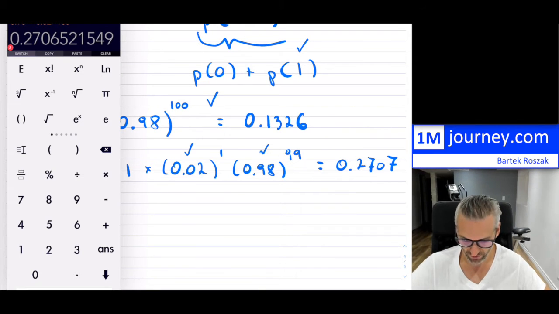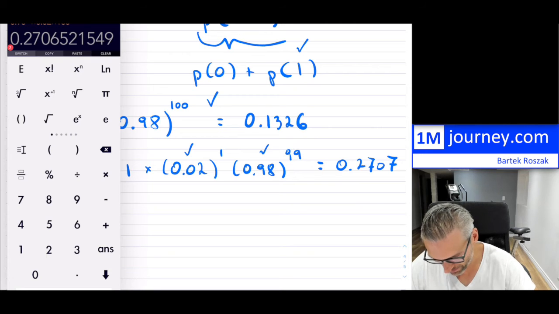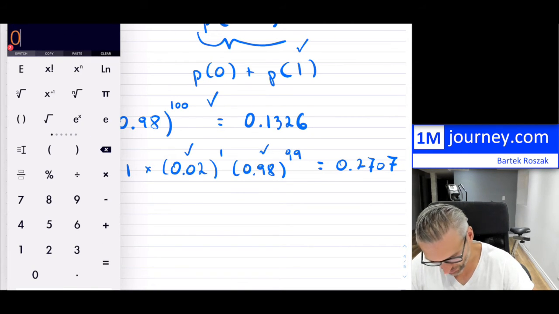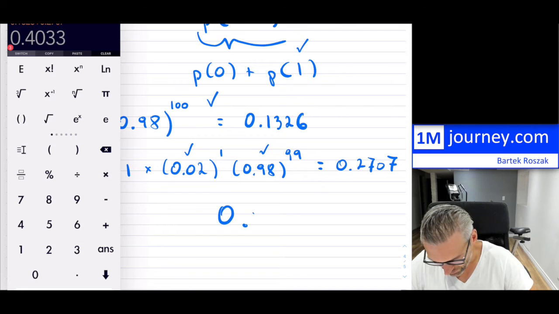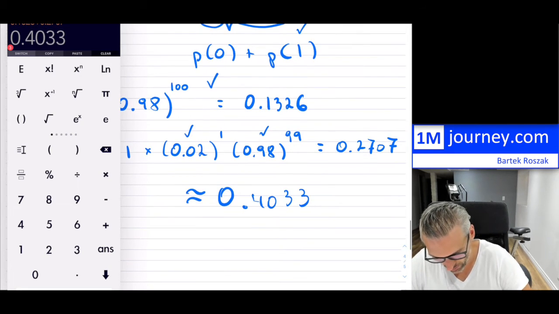I'm rounding to 4 decimal places for both. So now adding these two up, 0.1326 plus 0.2707, so approximately 0.4033. And now we want 100% minus this.